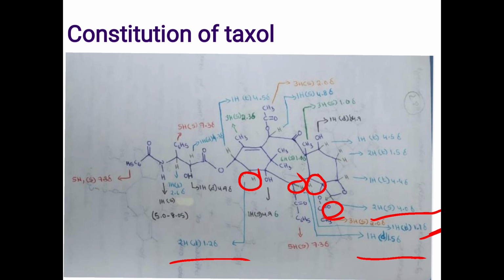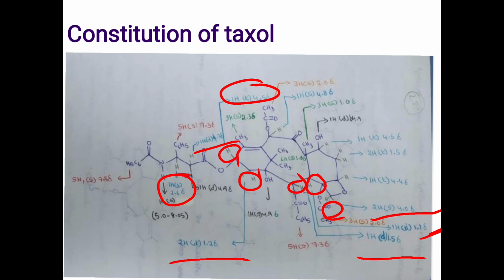The proton on the carbon adjacent to nitrogen shows a triplet at 2.6 delta, and the proton on the adjacent carbon shows a doublet at 4.3 delta, and the hydrogen attached to ring A shows a triplet at 4.5 delta.